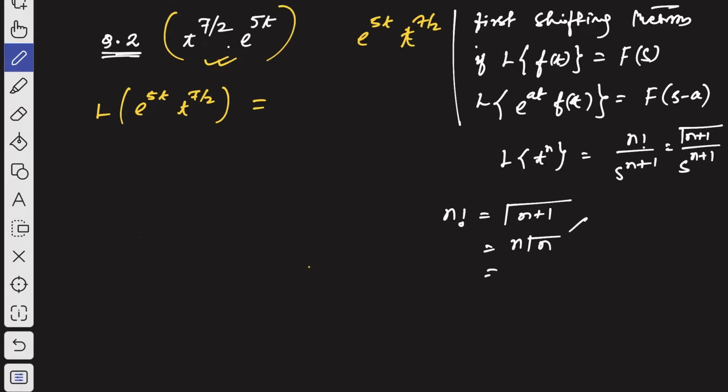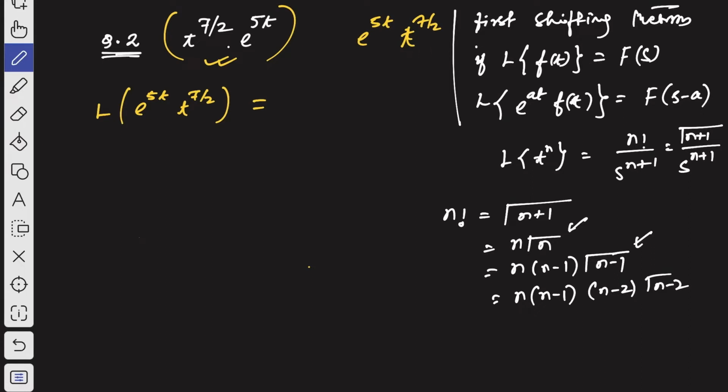Then again gamma function of n can be written as n minus 1 into gamma function of n minus 1, and gamma function of n minus 1 can be written as n minus 2 into gamma function of n minus 2. That's how we can proceed.